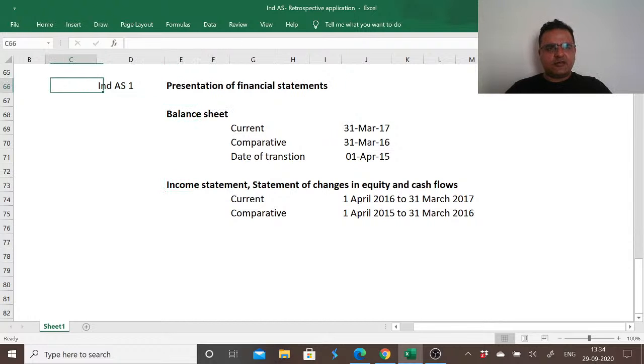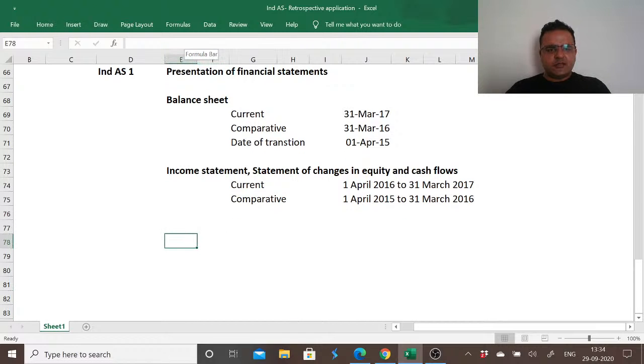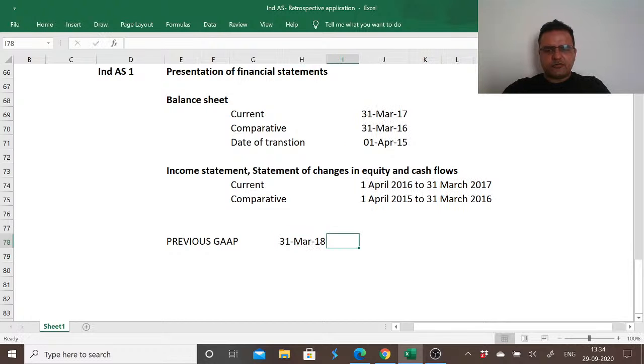The reason being, we convert the previous GAAP balance sheet of 31st March 2015, which is on the previous GAAP.